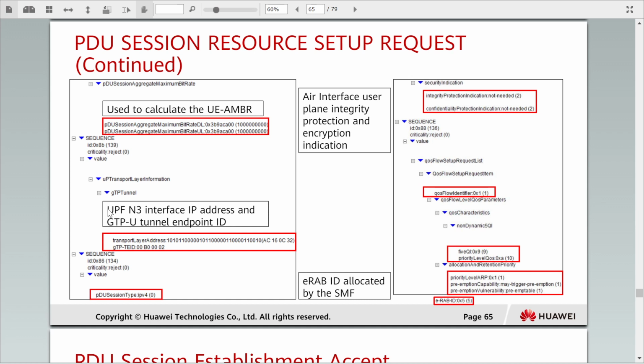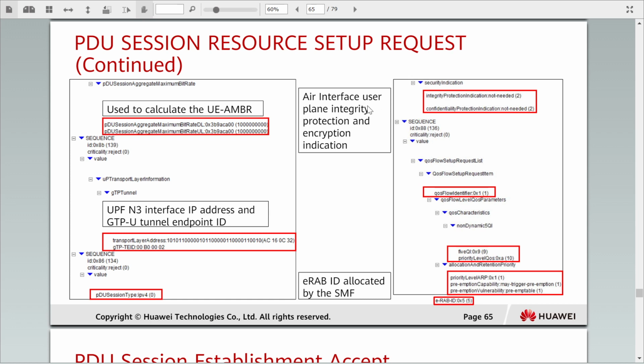This is important because if the user has to go to the internet, the N3 interface from the UPF towards the RAN and the N6 interface from the UPF to the internet need to be established. So the GTP-U tunnel has to have the tunnel IDs and the IP address through which the user can send the quality of service profile or the bearer to the internet.